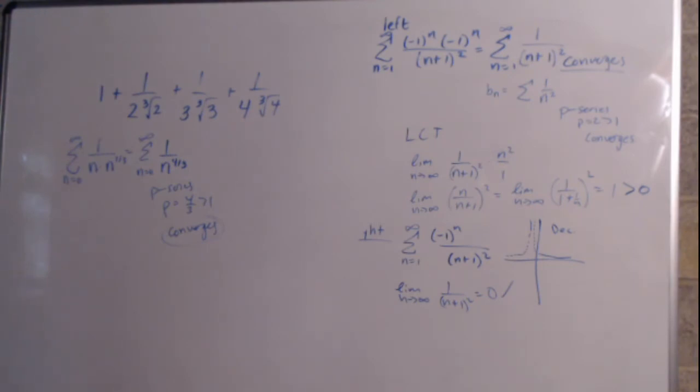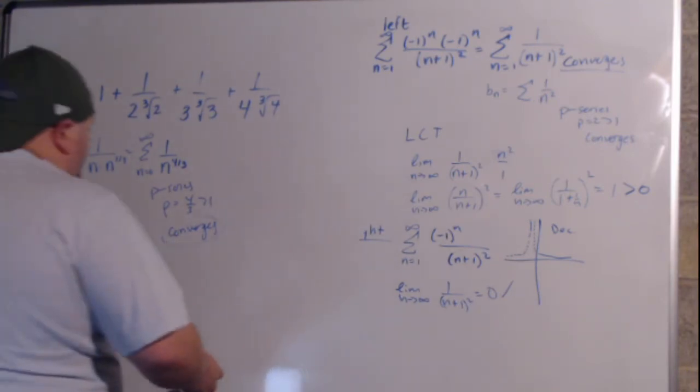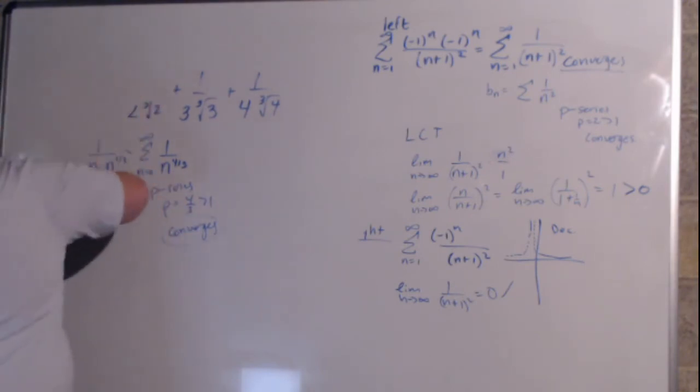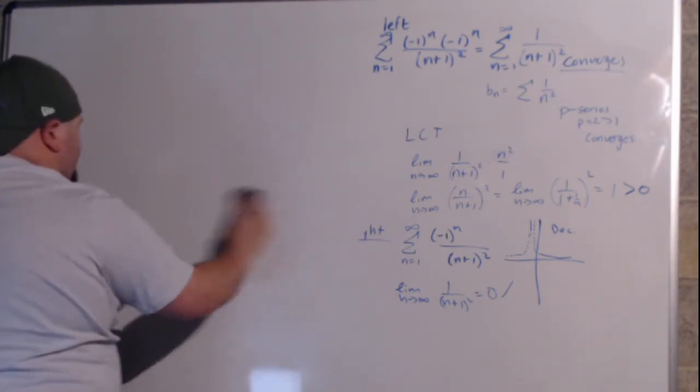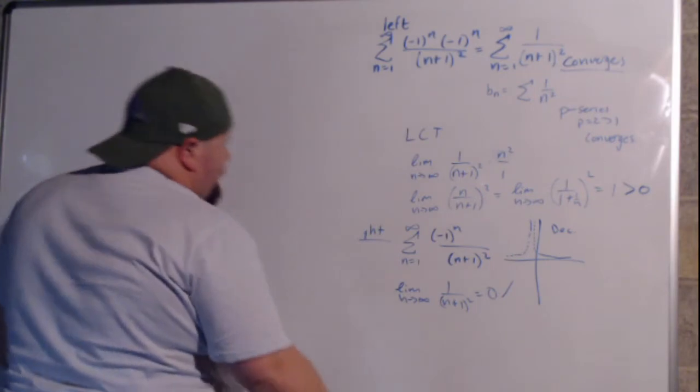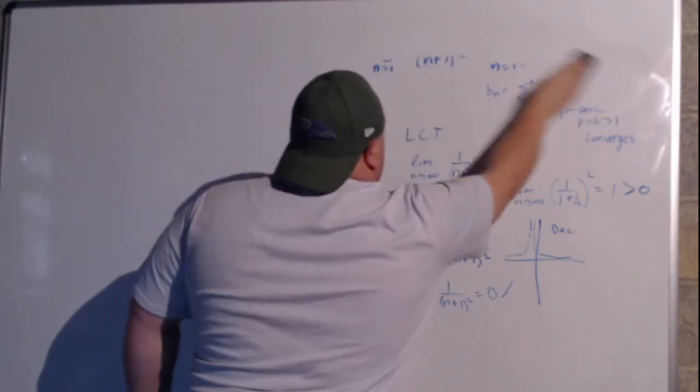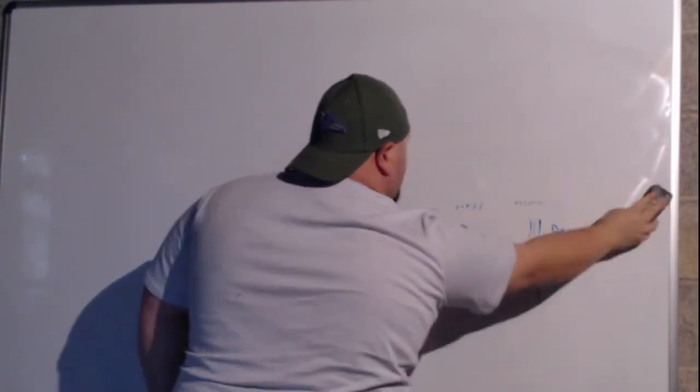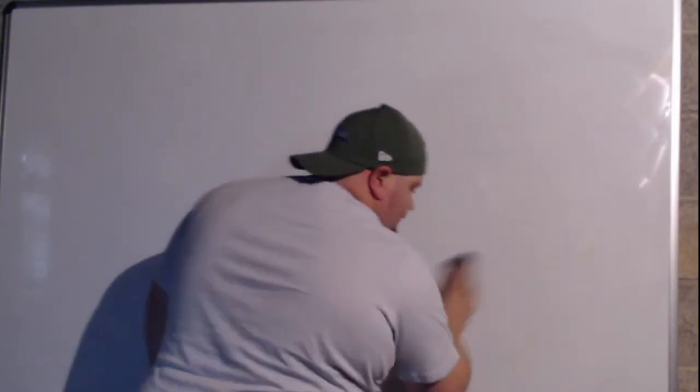Let's try the ratio and see how it goes. Because if we can avoid doing the natural log stuff, that's best, right? Seems like you're really worried about this interval of convergence stuff.